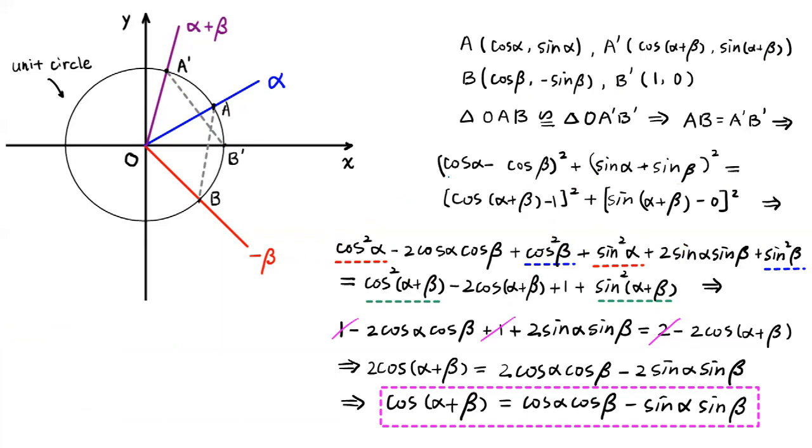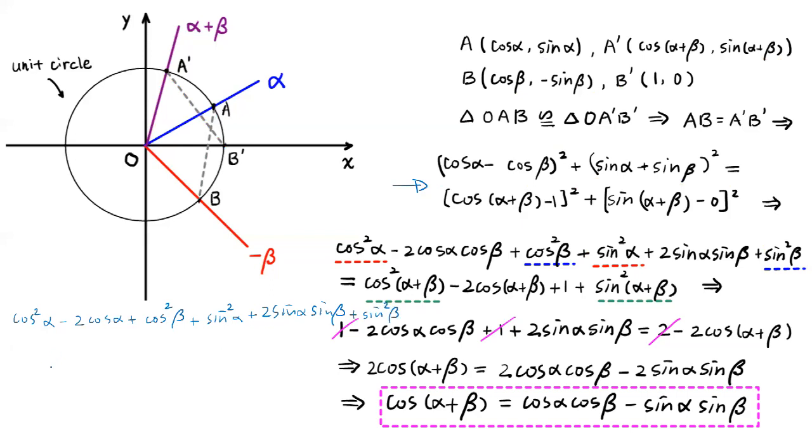So we have the relationship here, right? If we just expand everything, the left side is cosine alpha square minus twice of cosine alpha plus cosine beta square, and then plus sine alpha square plus twice of sine alpha sine beta plus sine beta square.